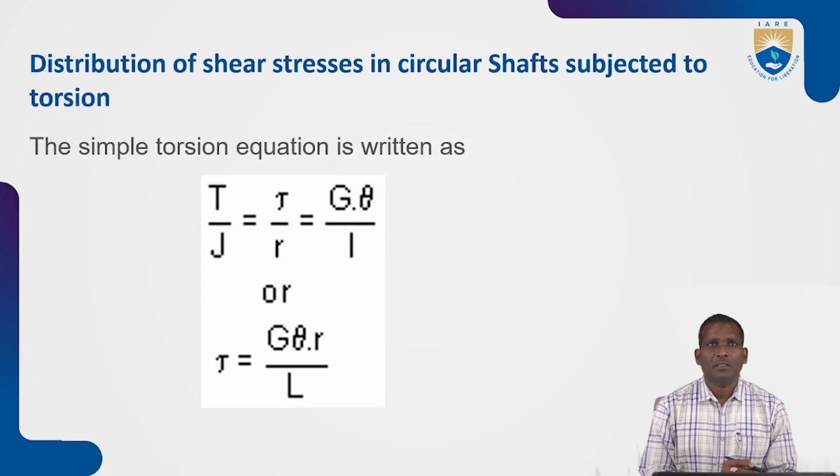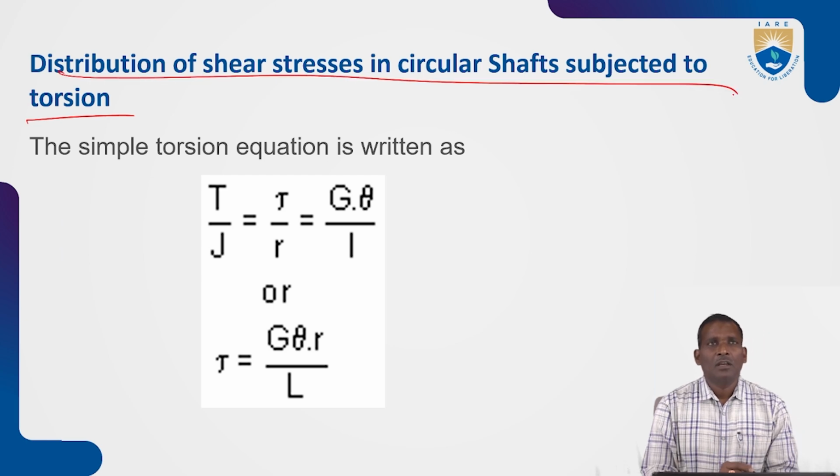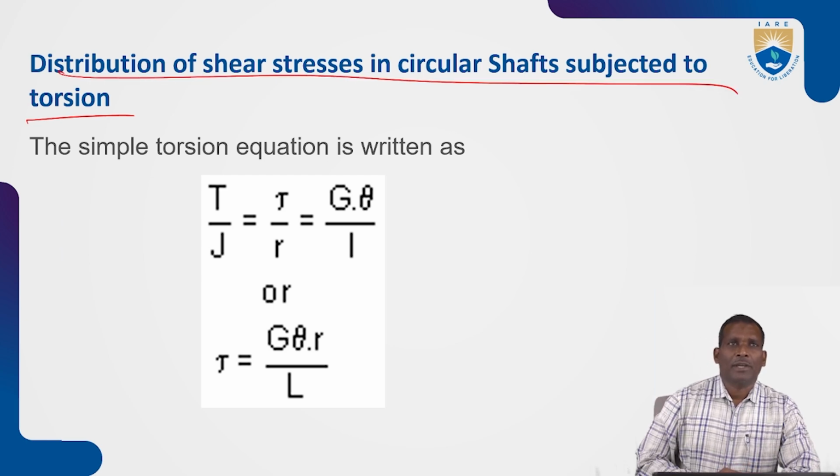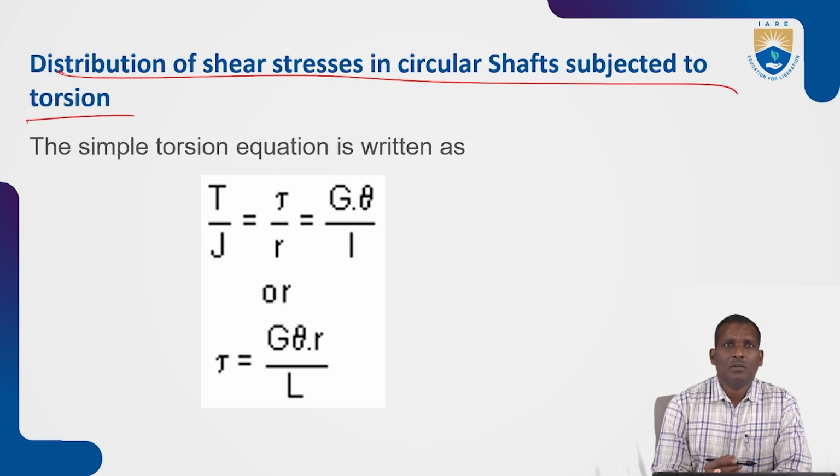The topic is the distribution of shear stress in a circular shaft subjected to torsion. Whenever circular shafts are subjected to torsional loads, how is the shear stress distributed throughout the shaft?